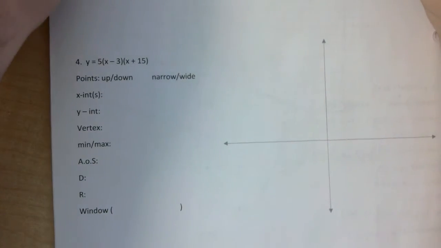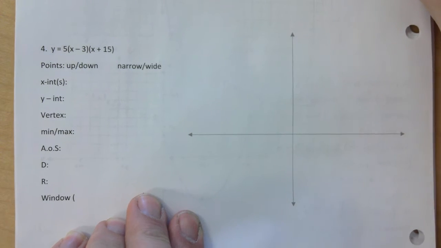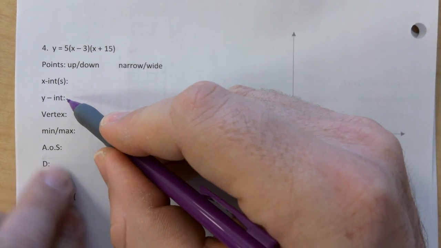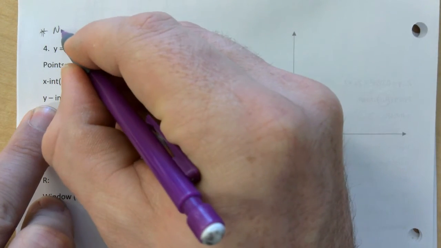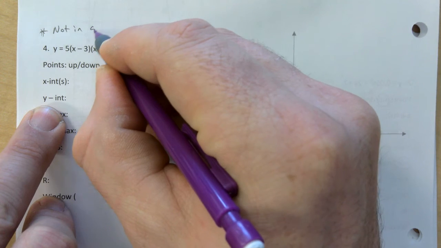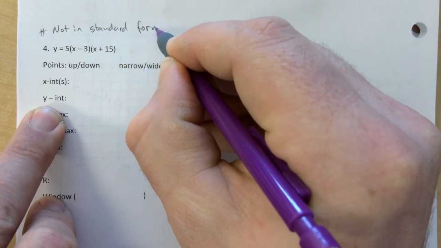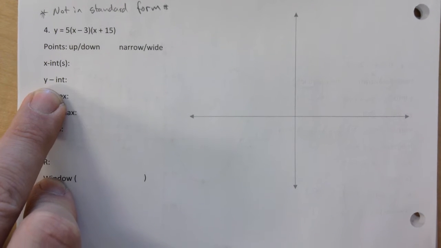Let's go to question 4 because that's where you have the first instance of having to find the Y-intercept using your calculator. Okay, so make a note here, not in standard form. By the way, your booklets have page numbers. I forgot about that. So page number 4, that's what we're on right now.